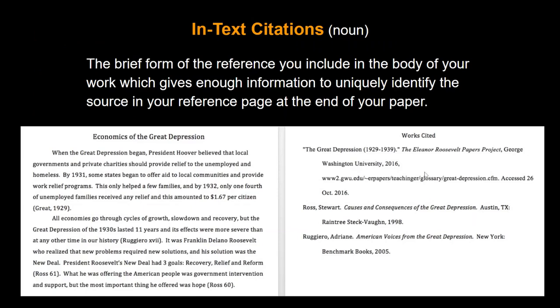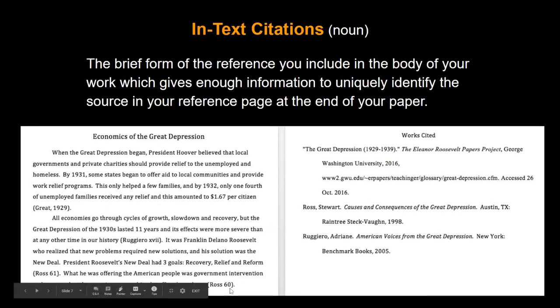But one thing that we were having trouble with is referencing the in-text citations, which correspond to the works cited page. So on the left, you see this information in parentheses. Here it says Great 1929. And then over here it says Ruggiero with those Roman numerals. And then at the very bottom it says Ross 60.